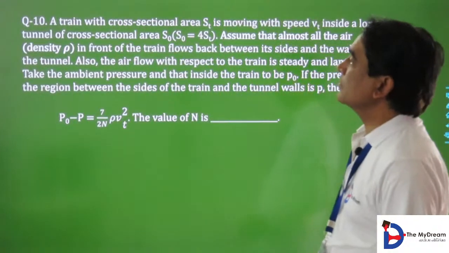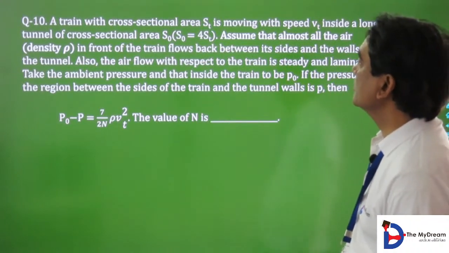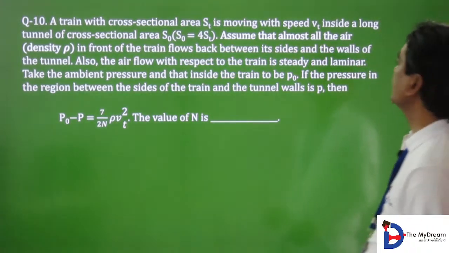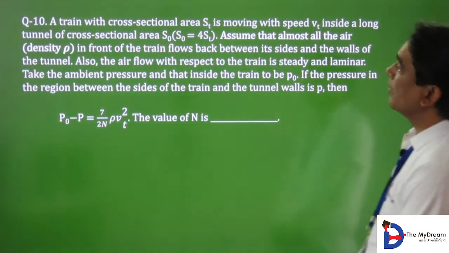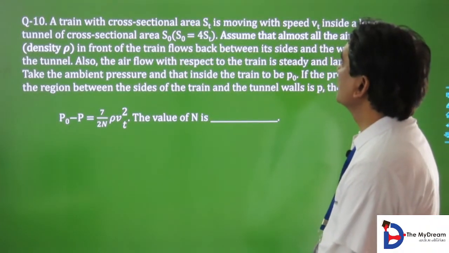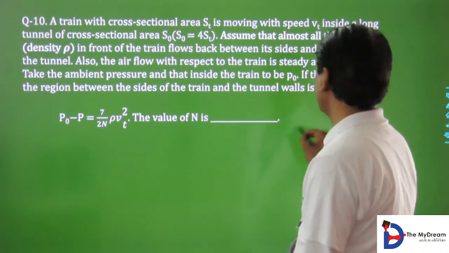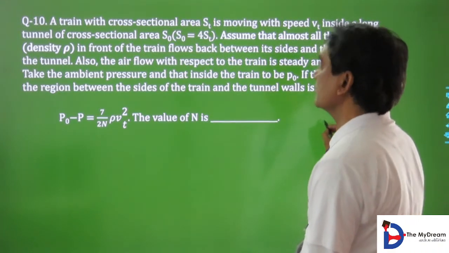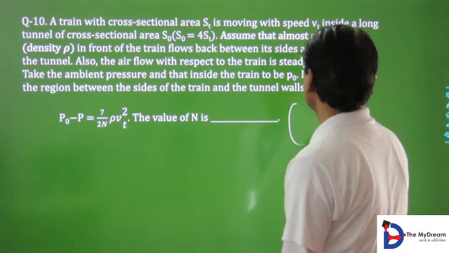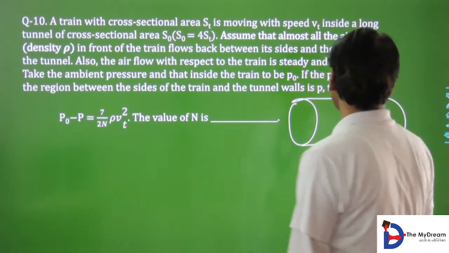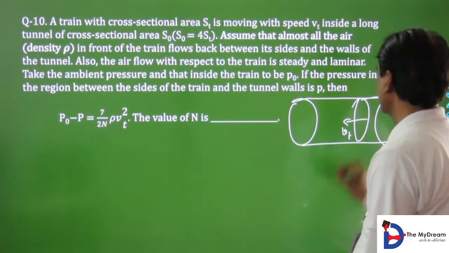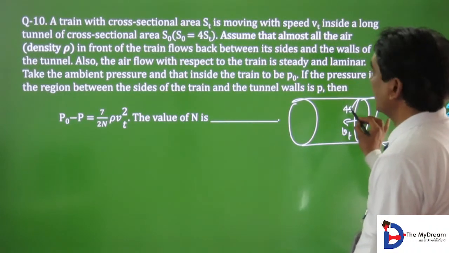A train with cross-sectional area St is moving with a speed Vt inside a long tunnel of cross-sectional area 4St.